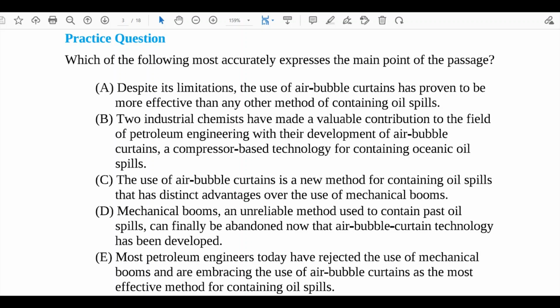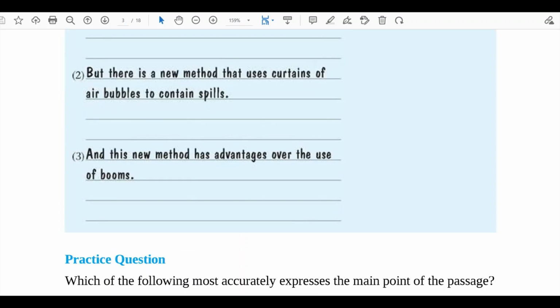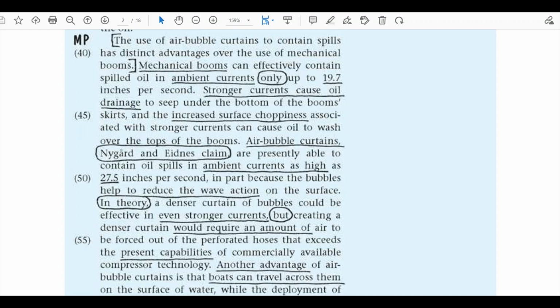So, we need to analyze how choice C tracks sentences 2 and 3 of the summary of the passage and quotes language from the topic sentence of the third paragraph. Third paragraph here: and this new method has advantages over the use of booms. It's pretty evident from the first main point sentence of the third paragraph.